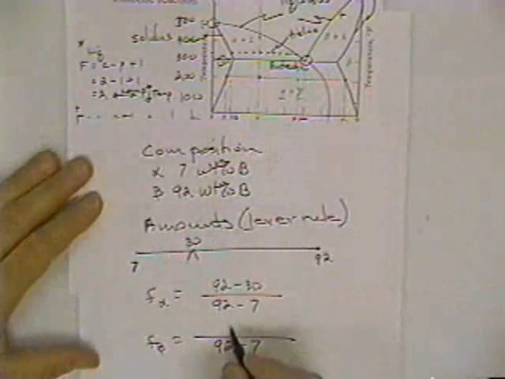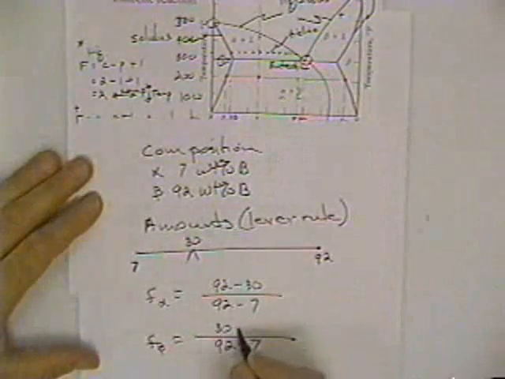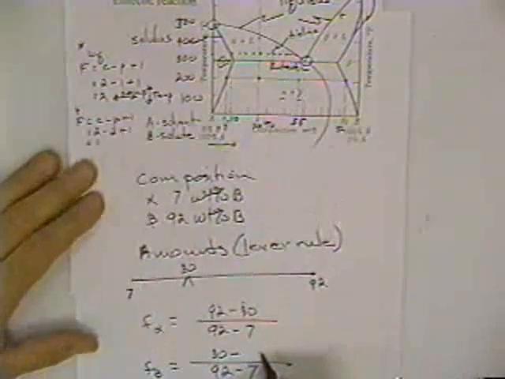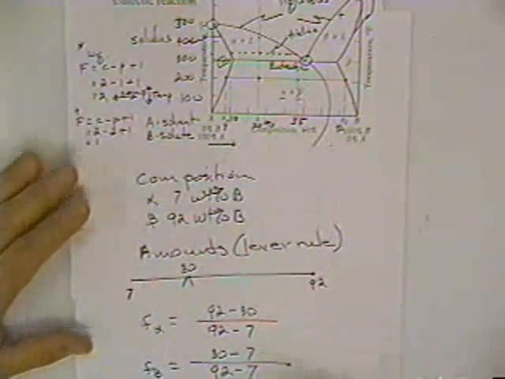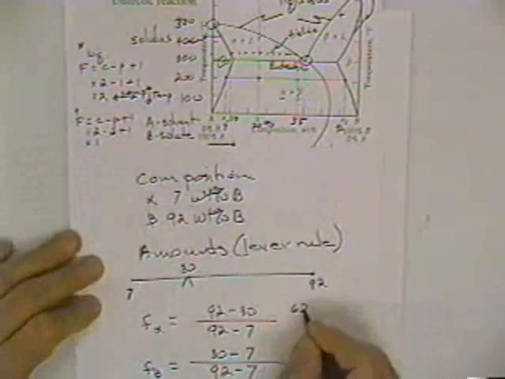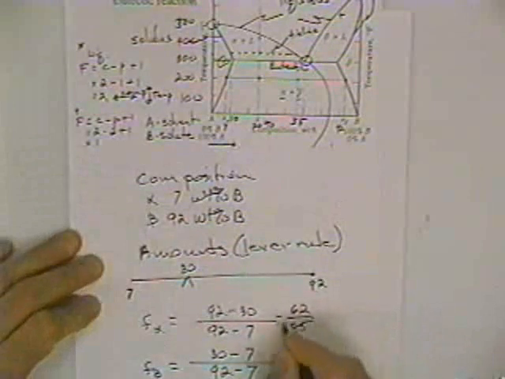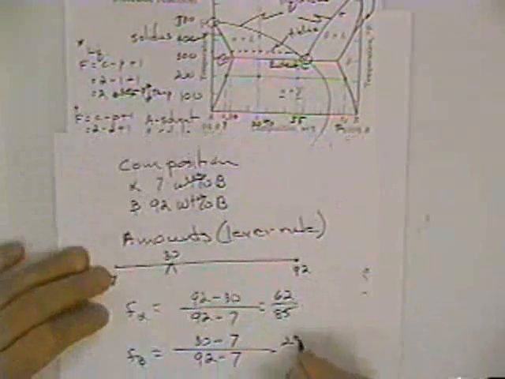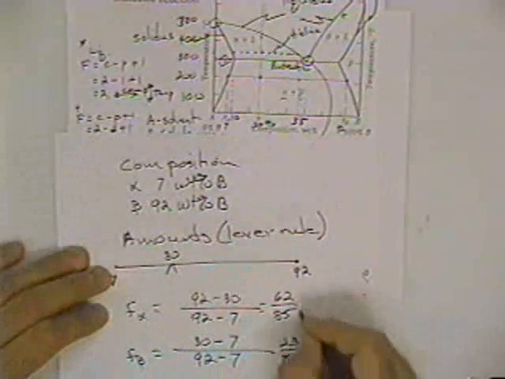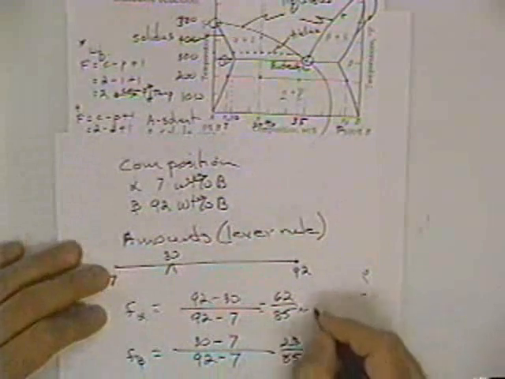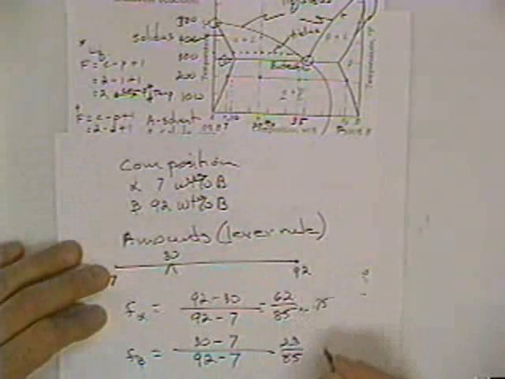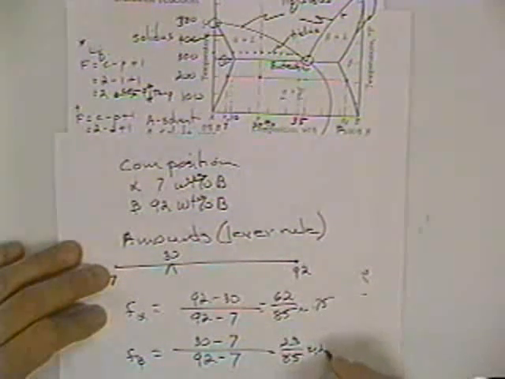And then the fraction of beta is going to be 30 minus 7, so we'd have 62 over 85 and 23 over 85. So looks like on the order of 3/4, and on the order of 0.25.